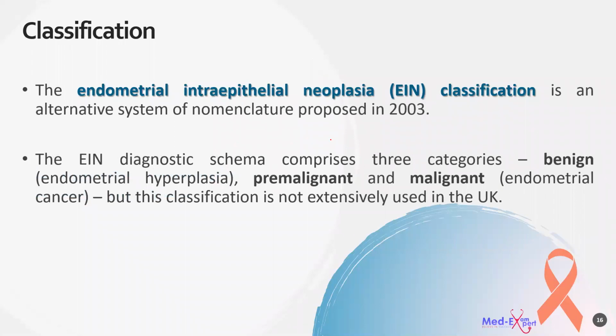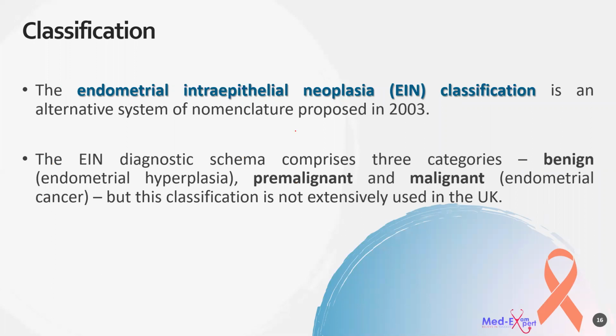Also, there is another classification, sorry for saying new, but it is not usually known to all of us. It's called the endometrial intraepithelial neoplasia classification. This is an alternative system which was proposed in 2003, and it's used by certain countries and some systems, like the American College of Obstetrics and Gynecology.